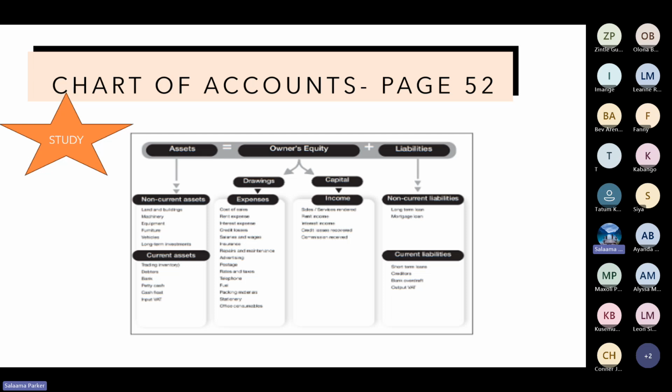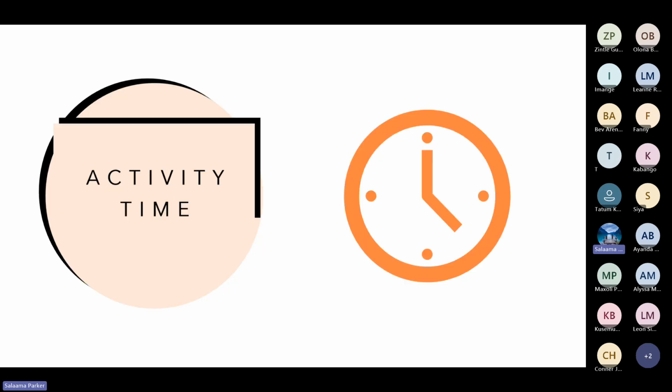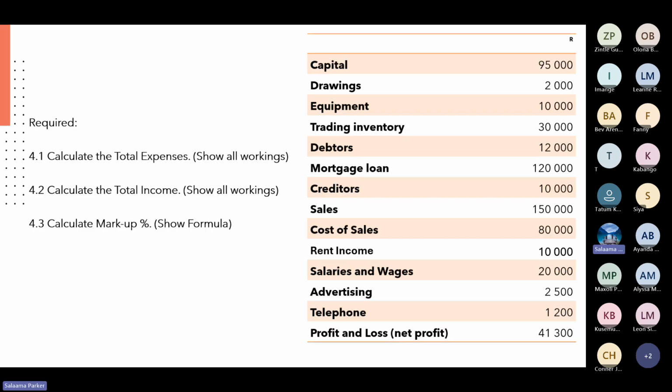I've only just given you two which is sales and rent income, and just giving you a few expenses. Okay, right? So we're going to calculate our total expenses. So that will be our cost of sales, salaries and wages, advertising, and telephone. Okay. Do you quickly want to do that calculation for me and see what answer you've come up with, and for the incomes as well, the two that we have there?